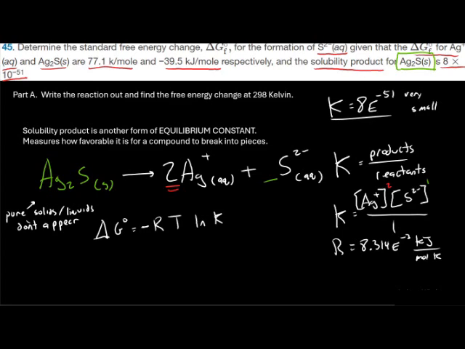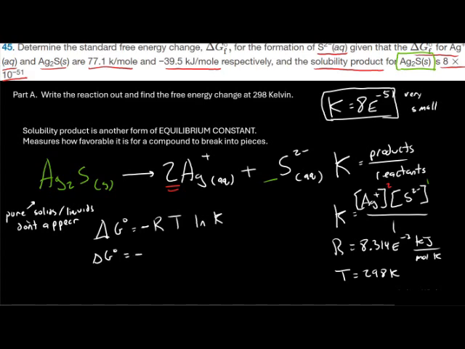The temperature is not given, but since this is standard state, we can safely assume that the temperature is 298 Kelvin. And the K was given to us as well. So all there is to do is to place the numbers in their correct positions.